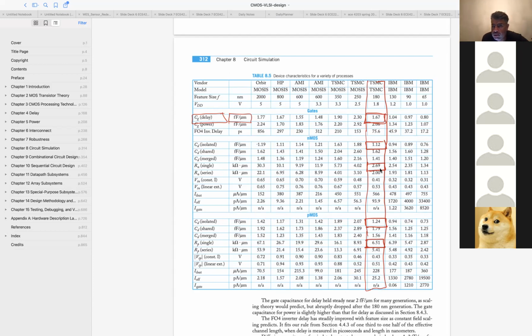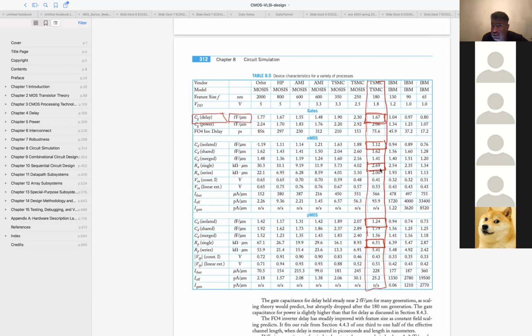That means if you want the rise or the prop delay for when the PMOS is turning on, so the low to high transition, to be the same as the high to low transition, you'll probably want to make the P 2.5 times wider to get the same RC delay between those two. Does that make sense where we're going here?